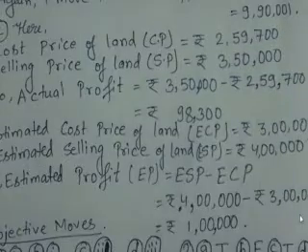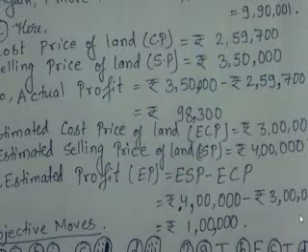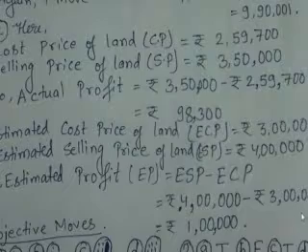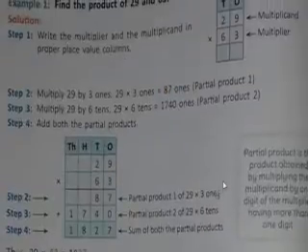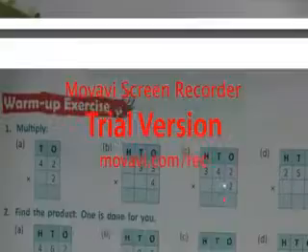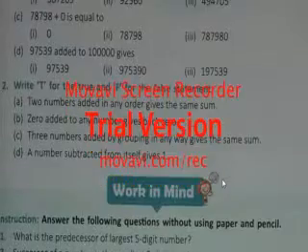Okay. In same way, if you will see question number 2, here it is about the cost price and selling price of land, that is CP and SP. About cost price and selling price, you will read in a better way in class 6 and 7, but here the concept has been given, so you should understand.